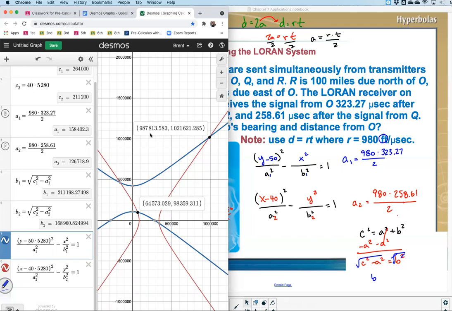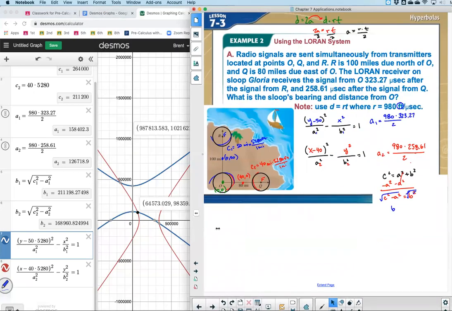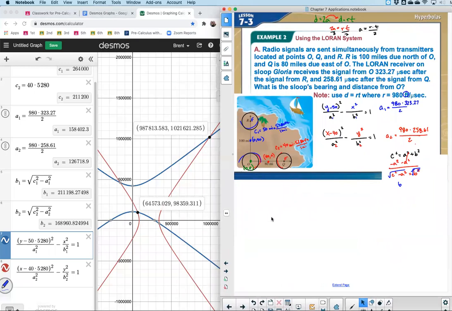That was a lot of work to get there. A whole lot of work. But that would be the location in feet. Let me slide this over a little bit so I can write down what we got.